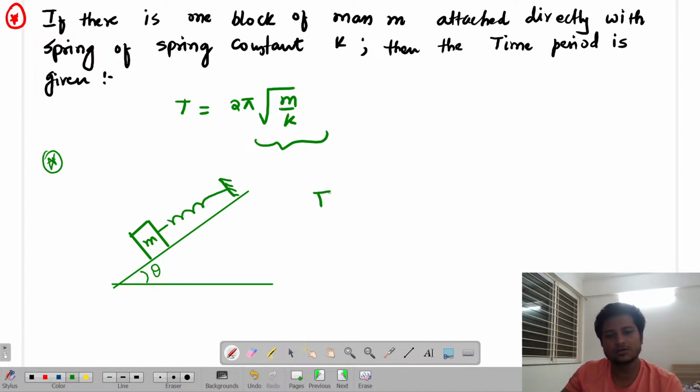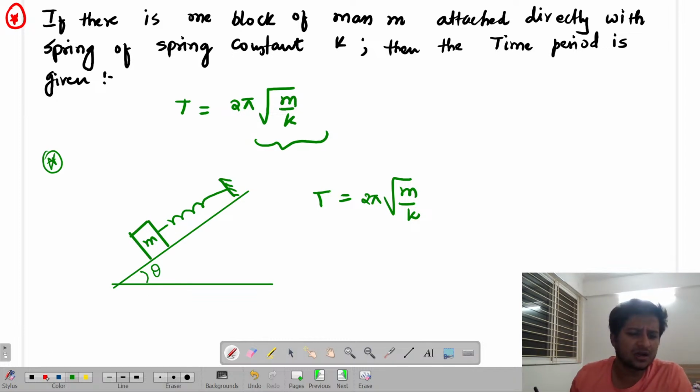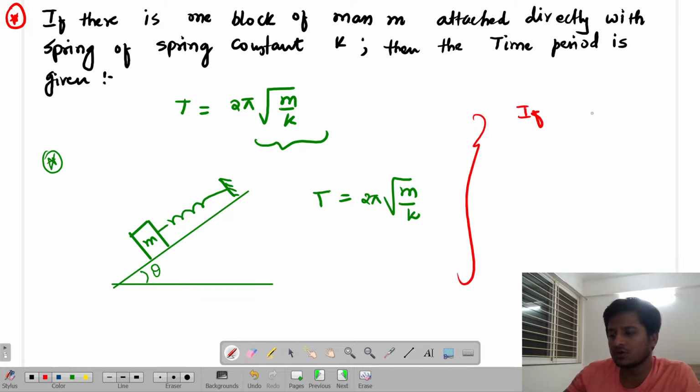Then once again here also the time period will be the same, which is 2 pi root under m by k. Is that clear or not? Any kind of doubt till now? So if there is one block, one spring system, the time period is given by 2 pi root under m by k if all the conditions are normal. How should all the conditions be? There is no such thing as g effective or anything like that.